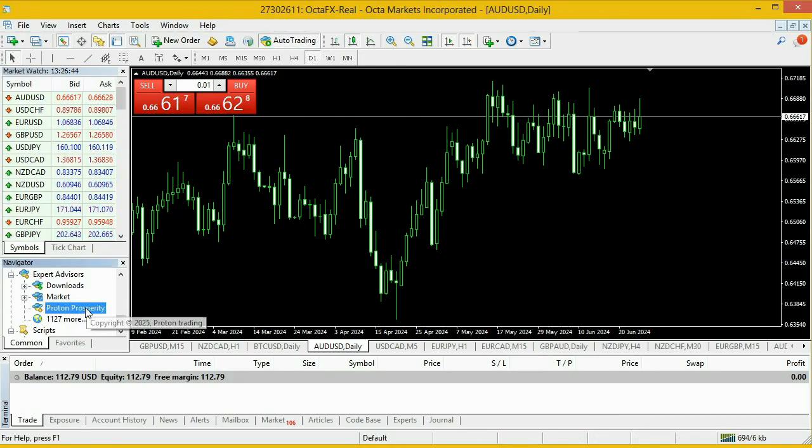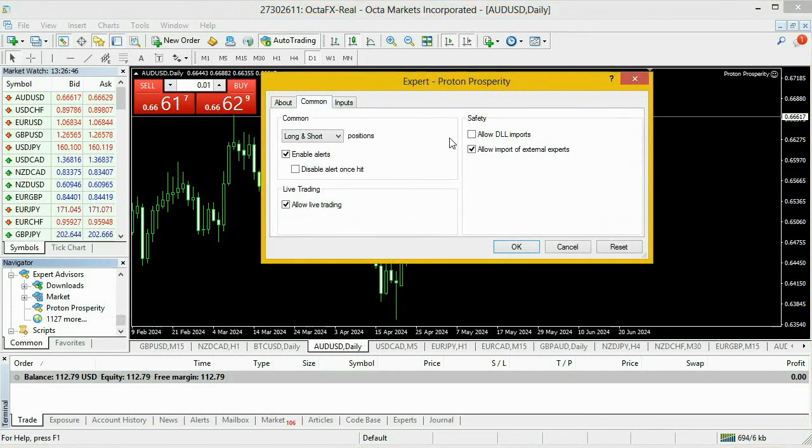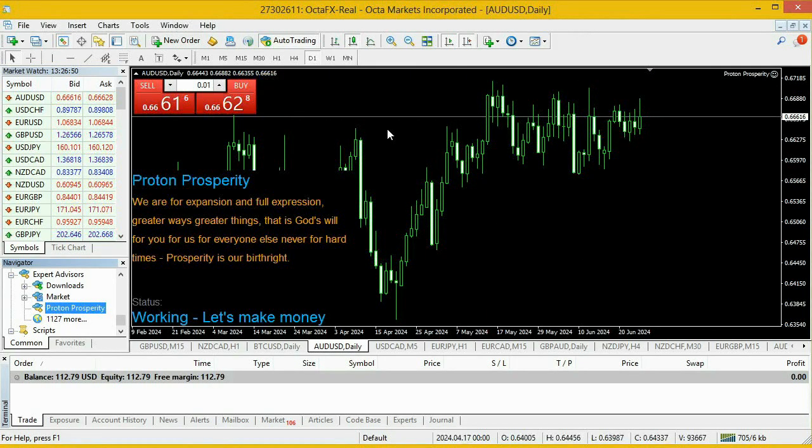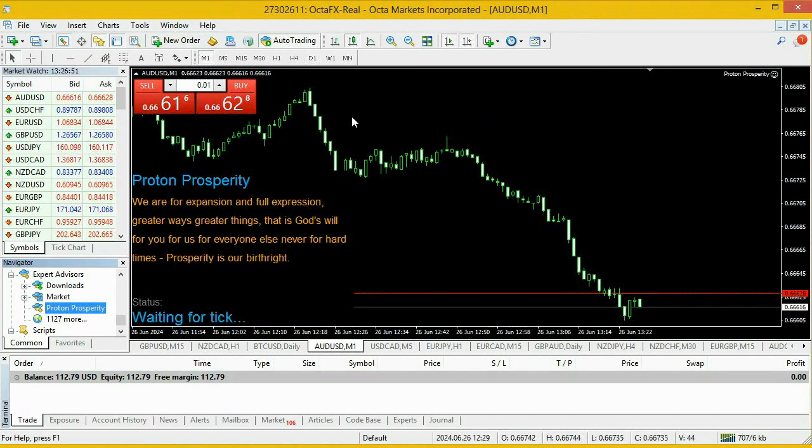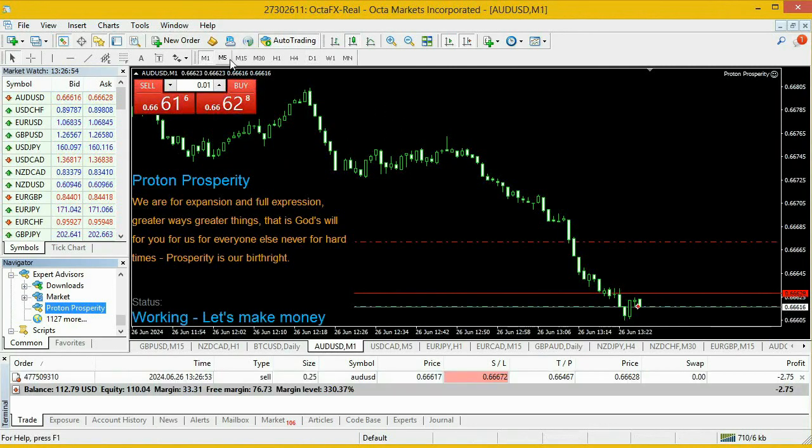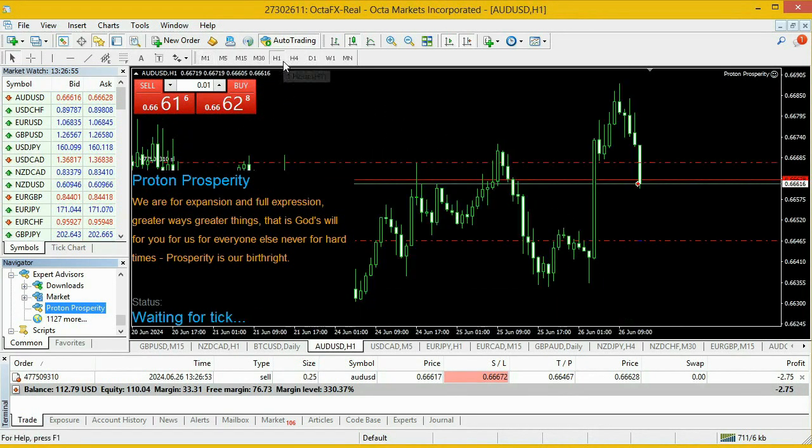And then we load the expert. Sell position executed. Our stop loss, and take profit.